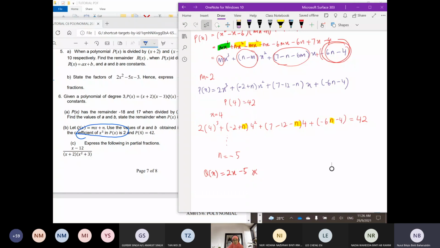That means we need to find m and n. So here we have m equals to 2, n equals to negative 5, so your Q(x) will be 2x minus 5. Got it? Yes, well done.